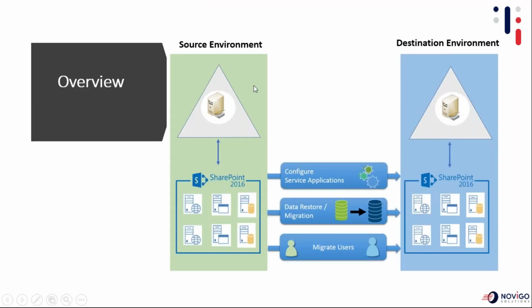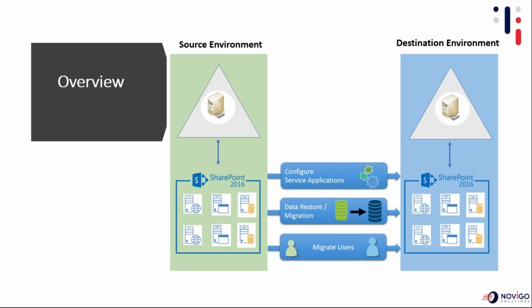So this is a quick overview of the presentation today. On the left side, you can see we have the source environment that's with SharePoint 2016 on premises, and it's connected to your Active Directory. And on the right side, we have our destination environment, and it's connected to a different domain.